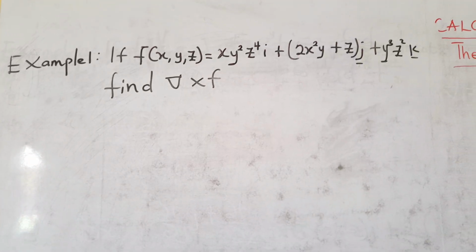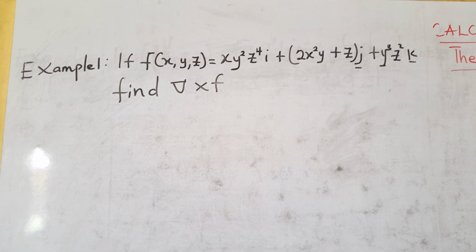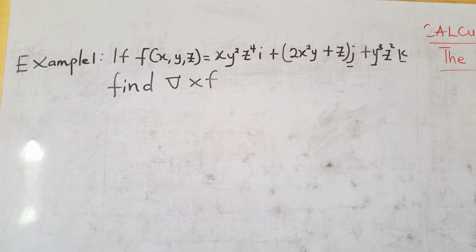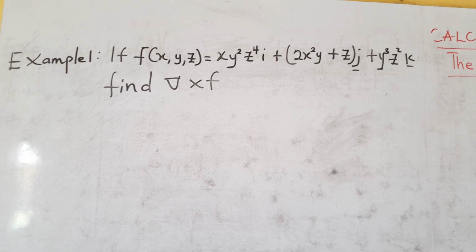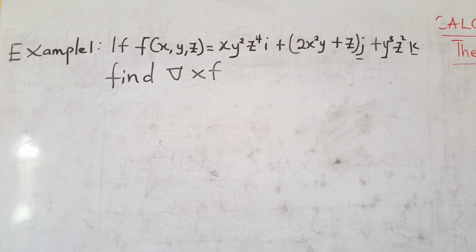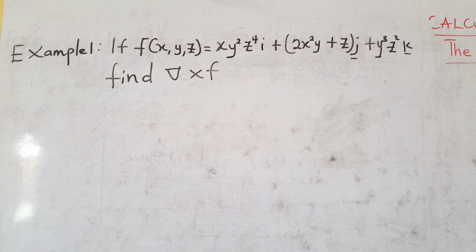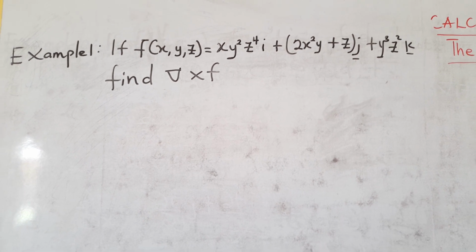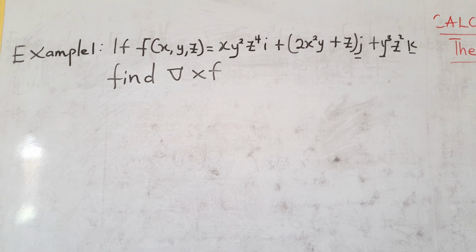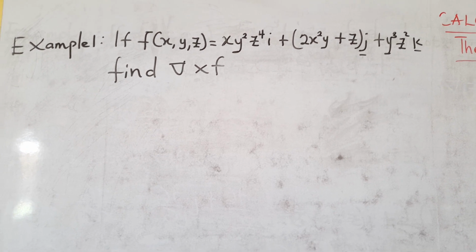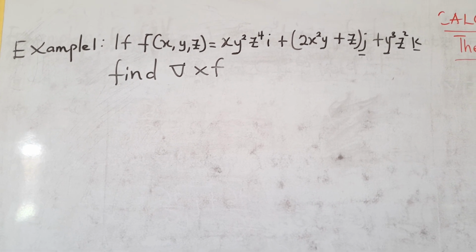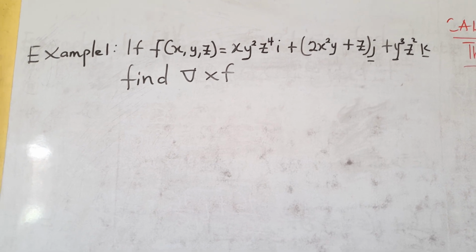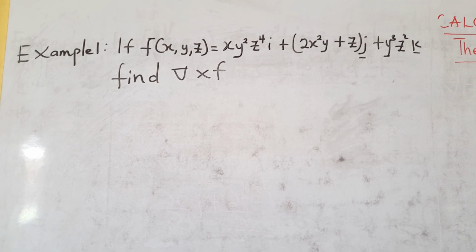So we look at our first example. They say if f is a function dependent on three variables x, y, and z, and is equal to x y squared z exponent 4 in the i direction, plus bracket 2x squared y plus z bracket close in the j direction, plus y cubed z squared in the k direction, we should find the cross product between the differential operator and the vector field f.